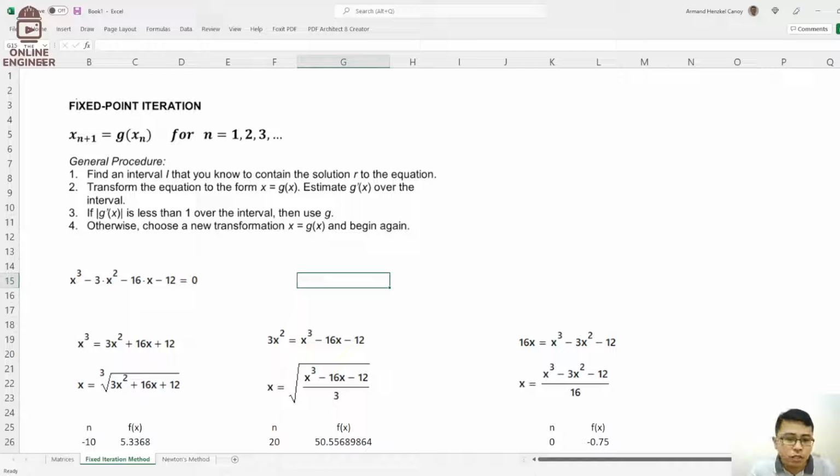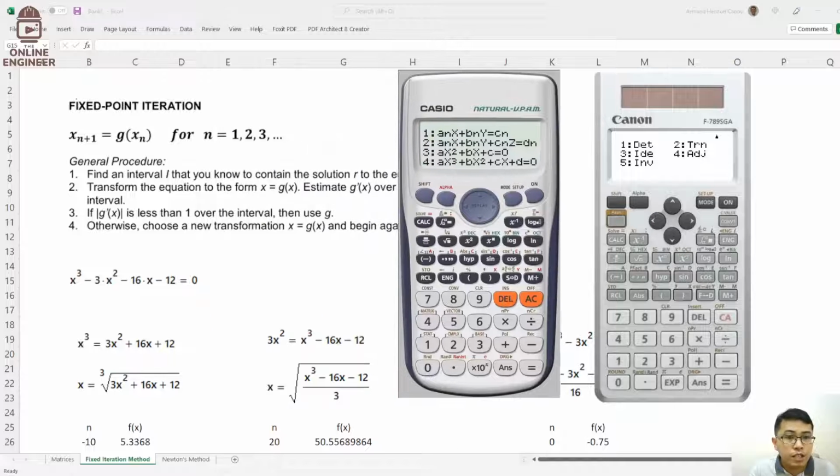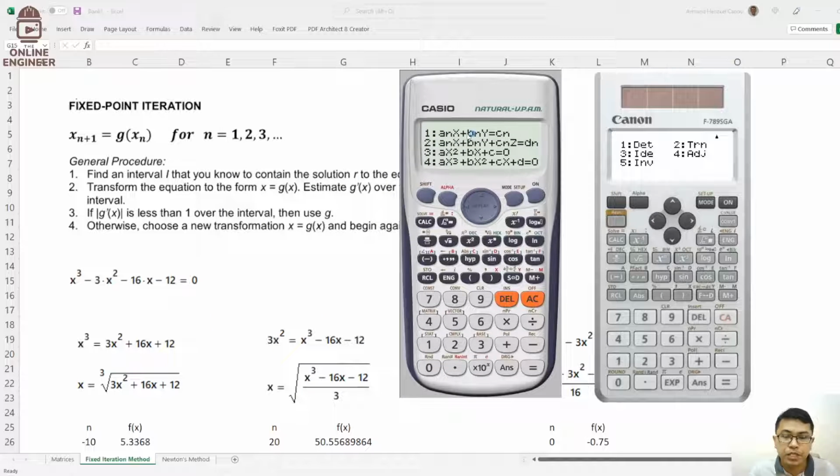Now, I have shown you earlier the calculators that we could use. So I'm going to show them again and see what are the roots of this particular equation. So here in the Casio calculator, we simply go to equation, and then let's go over to the fourth here because this is a cubic equation.